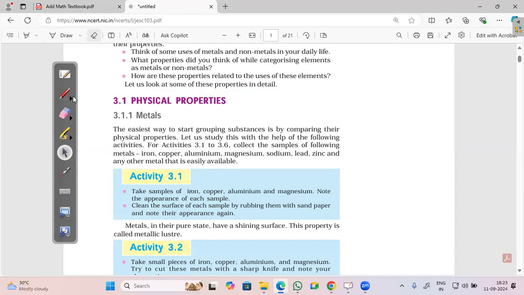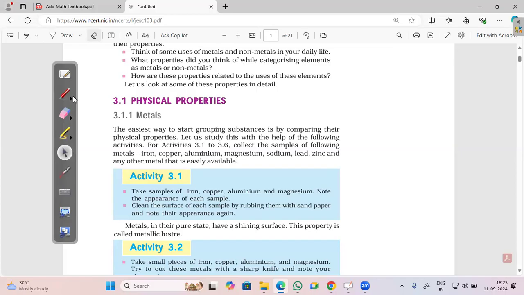Okay, if you look at the periodic table, you'll find 17 elements which are considered to be non-metals. The others are either metals or metalloids. Sulfur, phosphorus, and carbon are the non-metals which occur in the solid state.